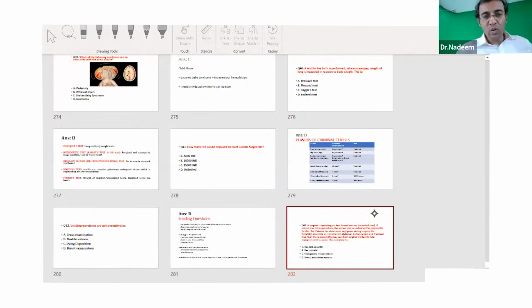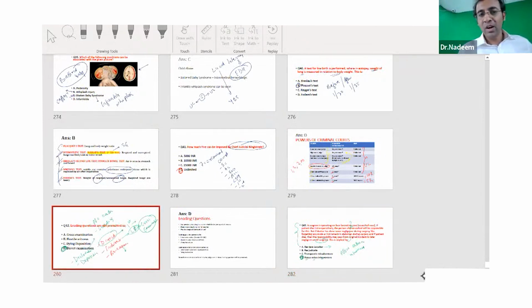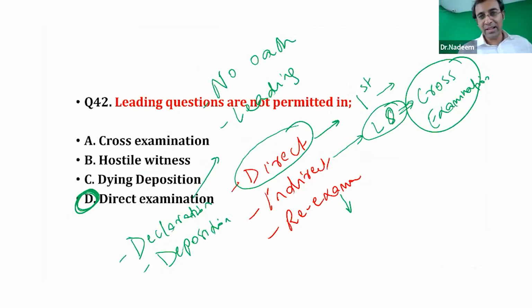Leading questions are not permitted in that. That will be direct examination, all right? We have learned it, no? And that will be direct examination. Fine. Yeah, okay, Dr. Ashwin, yes, I will provide annotated notes also, and that PDF will also be circulated.